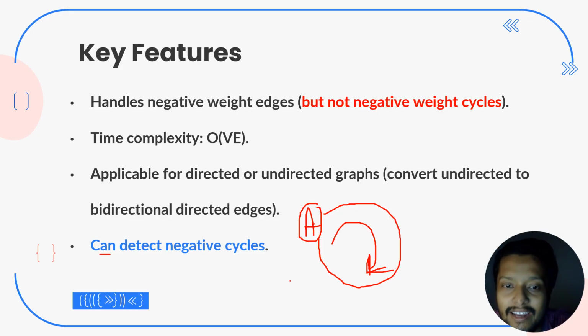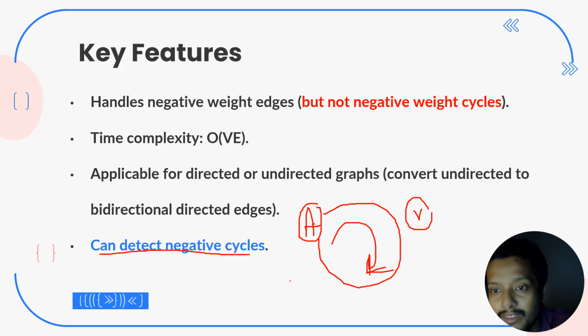So it can detect negative weight cycles because if it is able to reduce the cost multiple times, and this number is greater than the number of vertices in the system, then it definitely means that there's a negative weight cycle present in the graph.